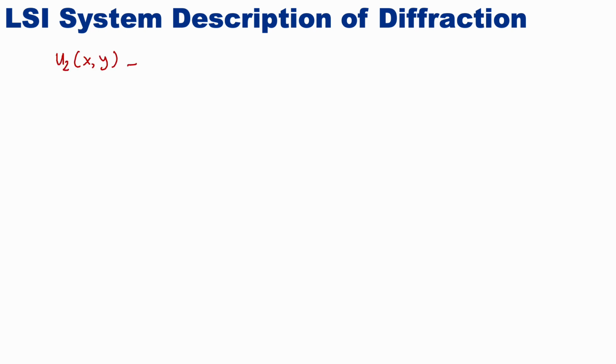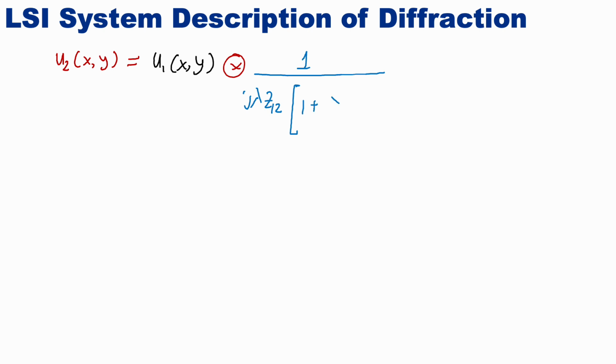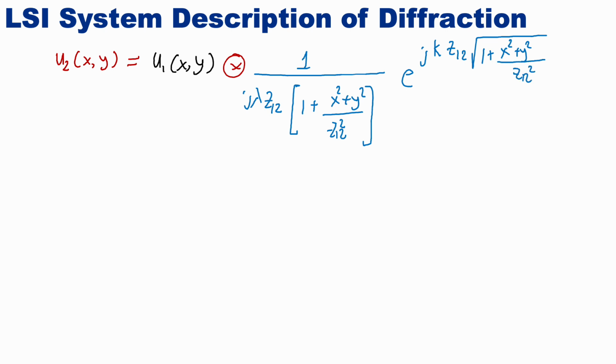So the complex amplitude distribution in the output plane is the input complex distribution convolved with 1 over j lambda c12, times 1 plus (x squared plus y squared) over c12 squared, and then the complex exponential of jk c12 times the square root of 1 plus (x squared plus y squared) over c12 squared.